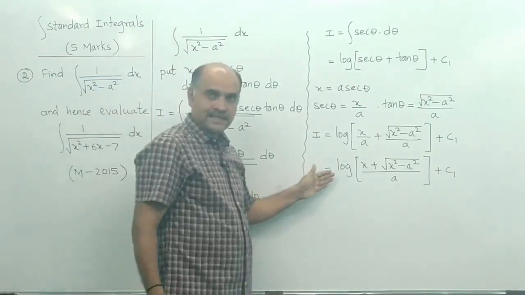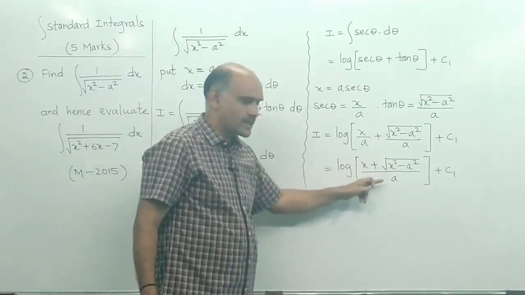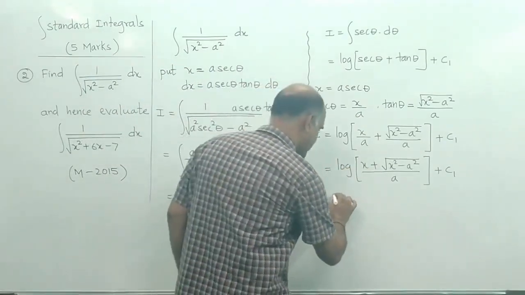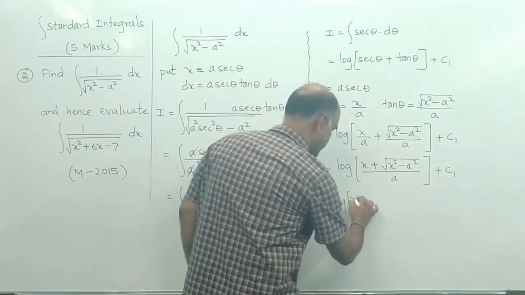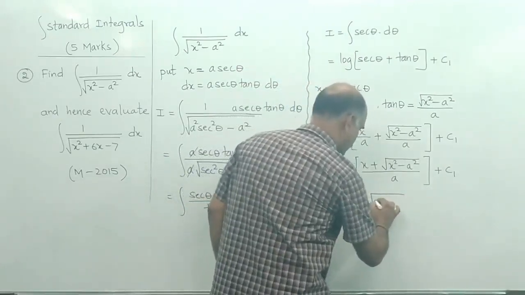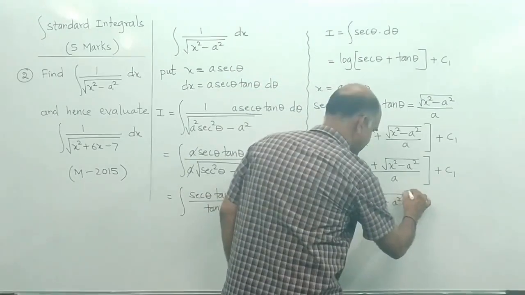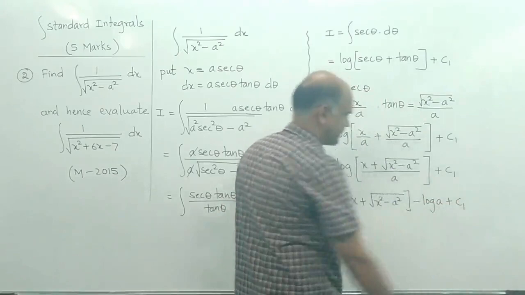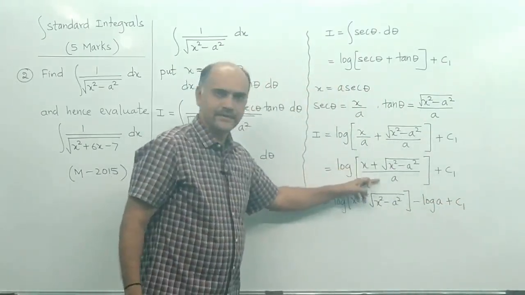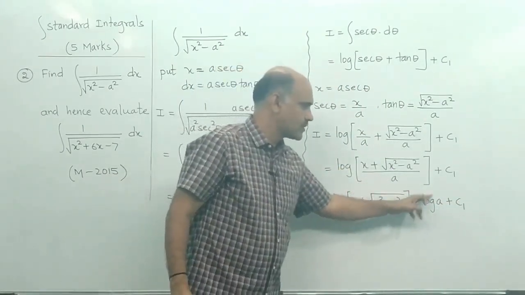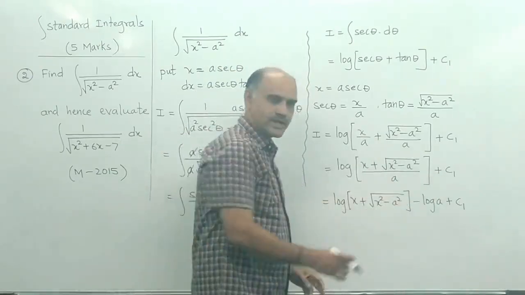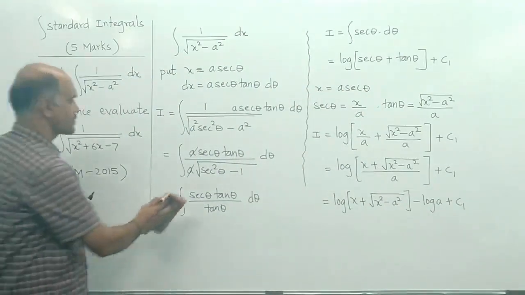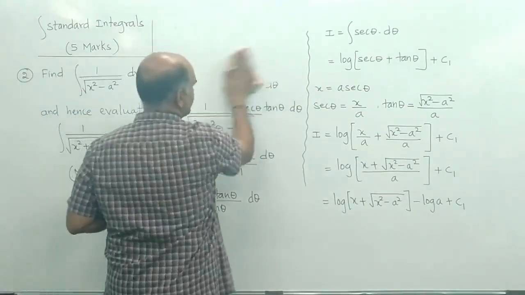Now this log term is in the form of log m by n. Log m by n is written as log m minus log n. So log x plus root of x square minus a square minus log a plus C1. Now here log a is also constant, C1 is also constant.